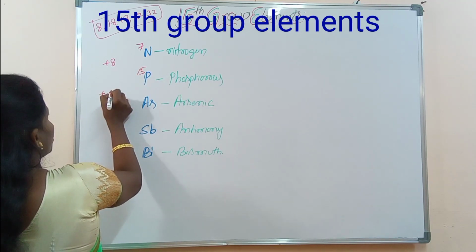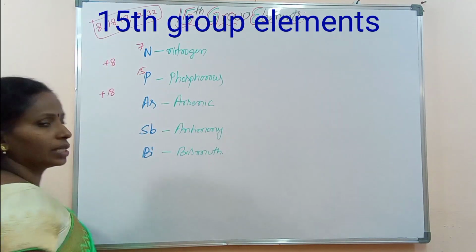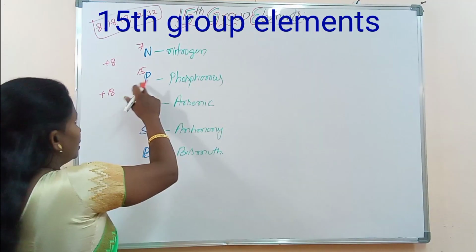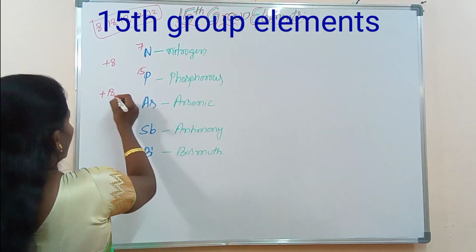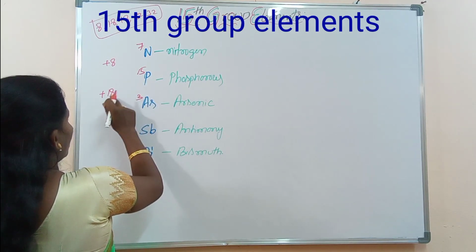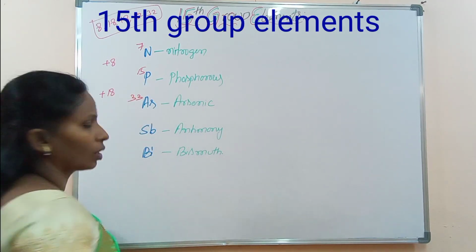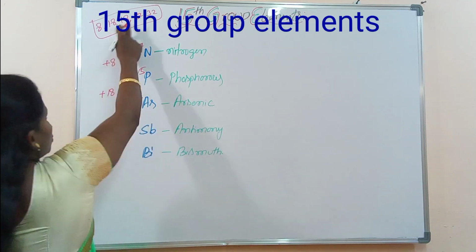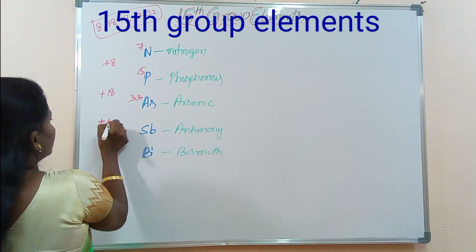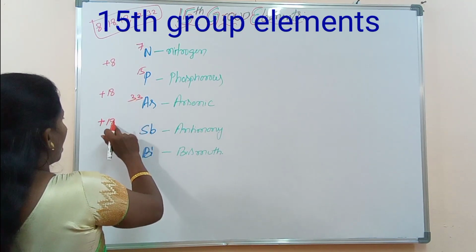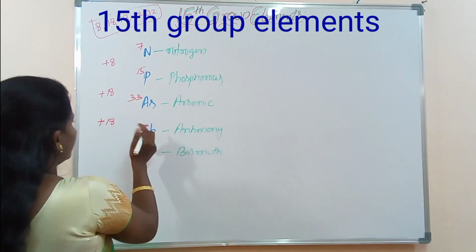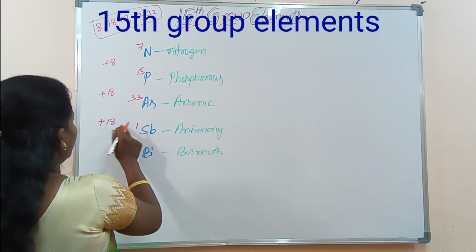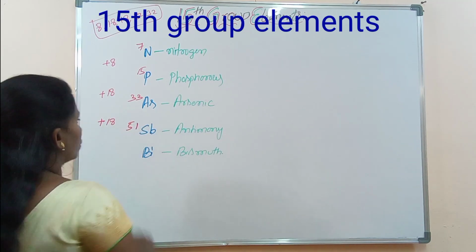Then the next number is 18. For the fourth period element we need to add 18 to 15, that is 33. Then the next 18: add 18 to 33 for the fifth period element, that is 51.